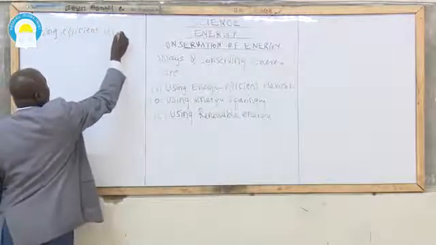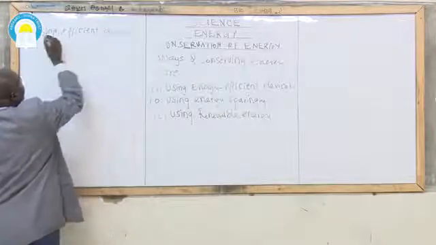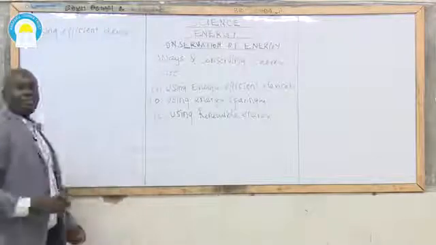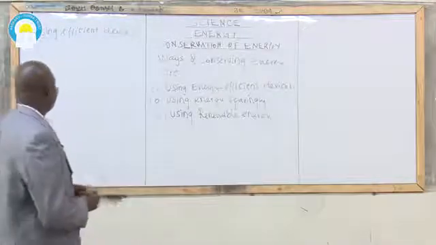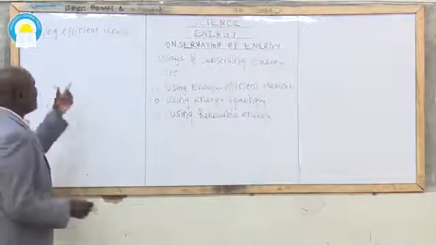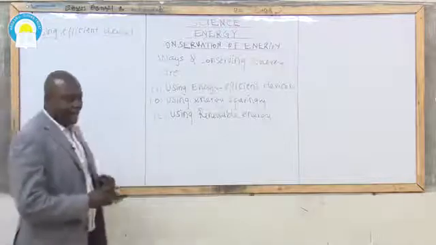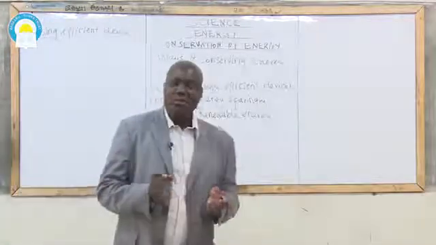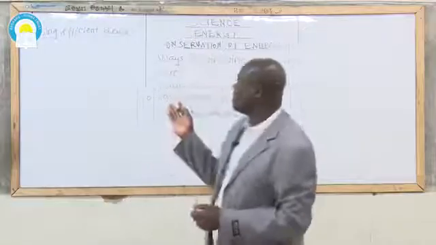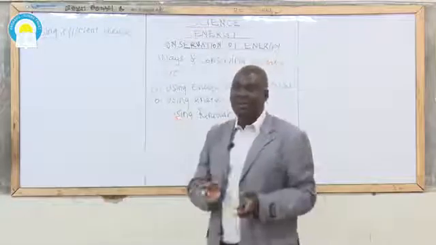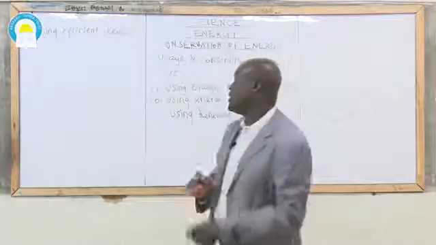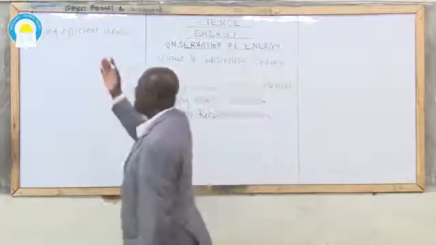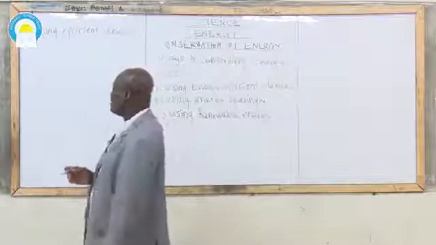When you are talking about using energy efficient devices, there are two ways. What are these energy efficient devices? These are equipment or items that, when you are using them, either in cooking or doing other work by using energy, save the energy instead of wasting.